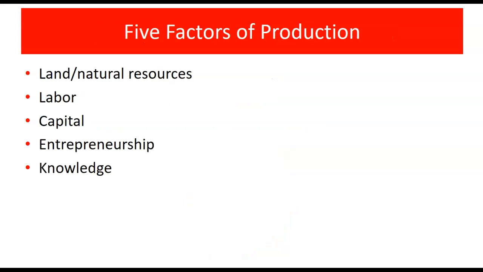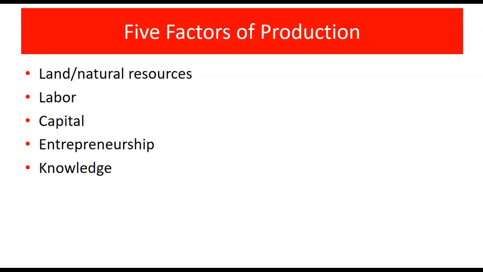Well, no matter what kind of business you are, if you are in the process of goods or services, you've got factors of production. All countries have these 5 factors to some extent, some in greater numbers than others. Land and natural resources means, do you have raw materials? Do you have water? Do you have wood? Do you have things to make steel? Do you have chemicals? Do you have rare earth elements to make cell phones?